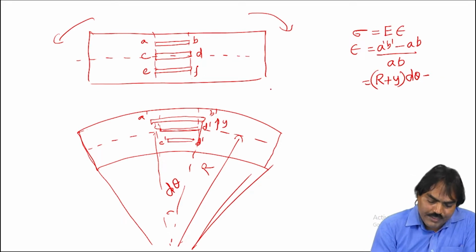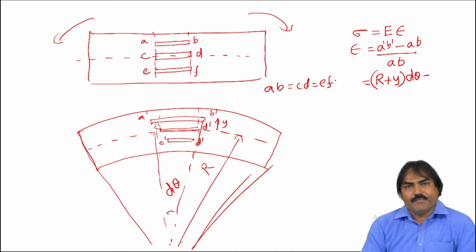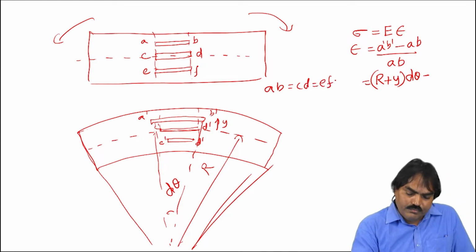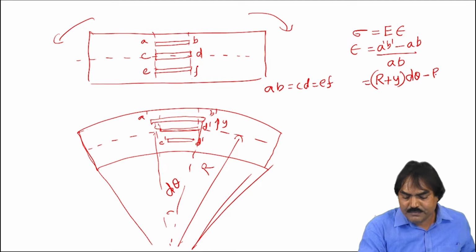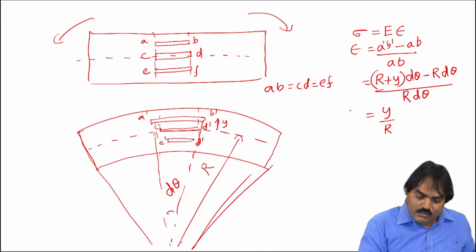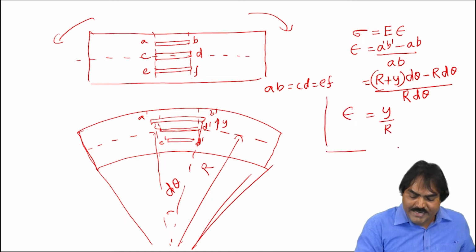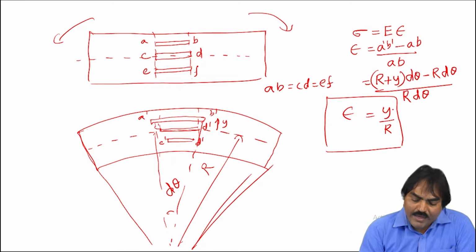Before loading, AB is equal to CD is equal to EF. So AB will be equal to CD. But what is CD here? R into d theta. So, divided by R d theta, when I expand this, it becomes Y by R.